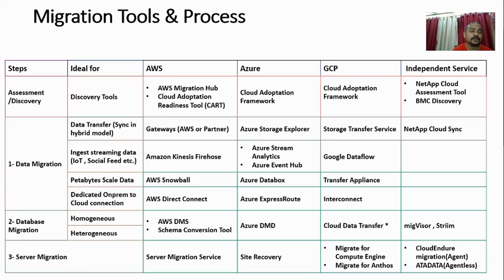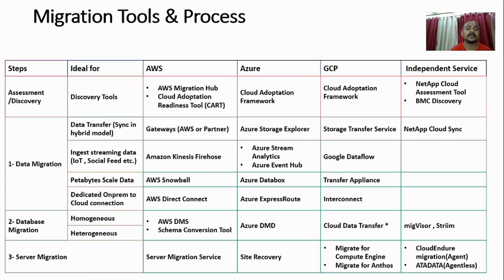So the discovery tool that we have, AWS has its own AWS Migration Hub. I'll show you how it works. Apart from that, AWS also launched one thing called Cloud Adoption Readiness Tool, CART. A similar tool we have in Azure called Cloud Adoption Framework, and GCP also has a similar framework.